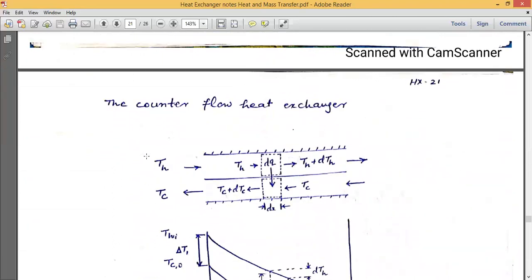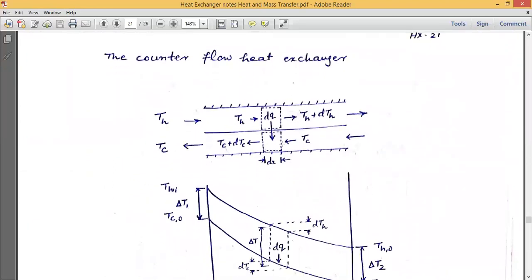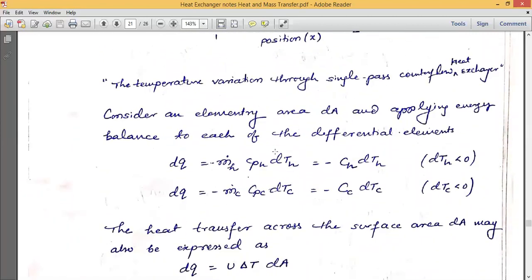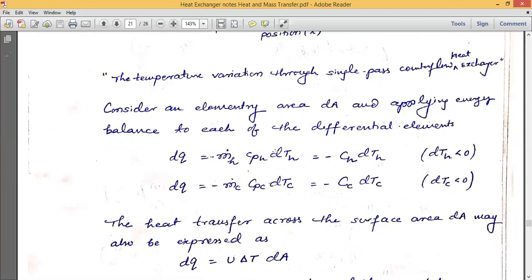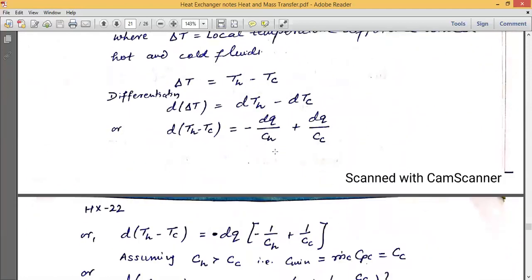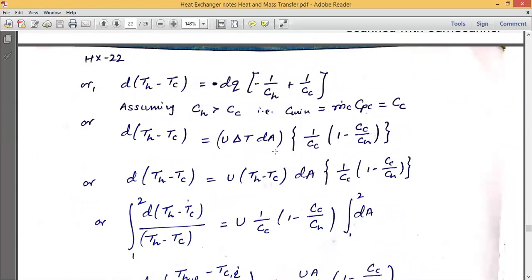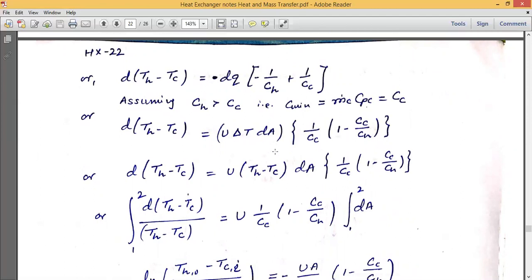So in the counter flow we can have the nomenclature for this one, this is the schematic diagram, and this is the temperature distribution. Again, as in the LMTD method, we start from the energy balance, and thereafter, after the similar rearranging, the steps will remain the same, only the rearrangement and the terminology will get changed.